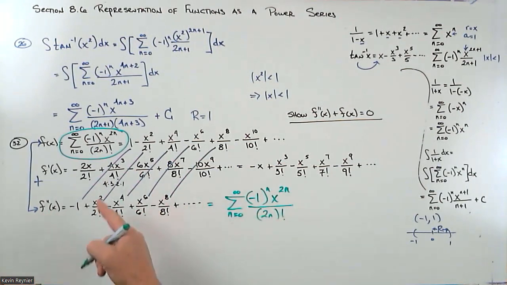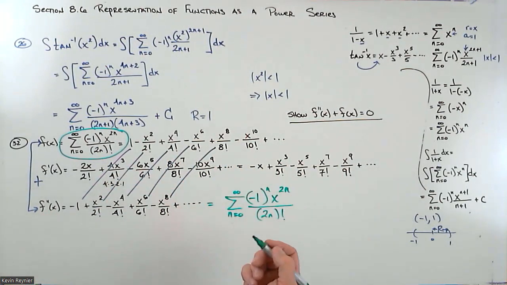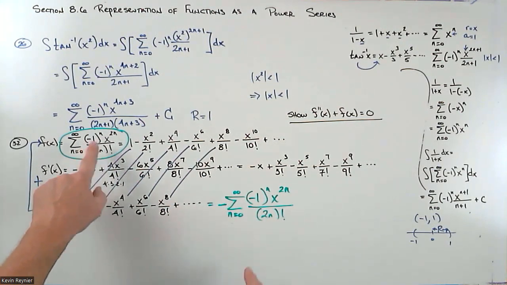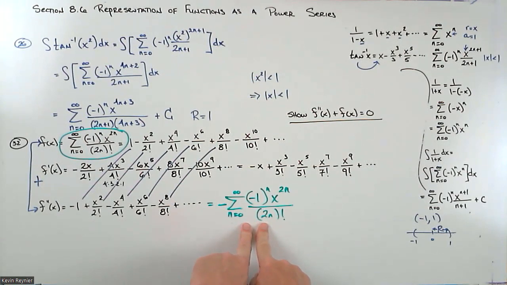It's exactly the same thing, term for term for term. They're all the same, except they're opposite in sign. So since f of x is equal to that, and f double prime of x is equal to its opposite, they add to 0. So you can do it term by term, or you can just look at it series by series.